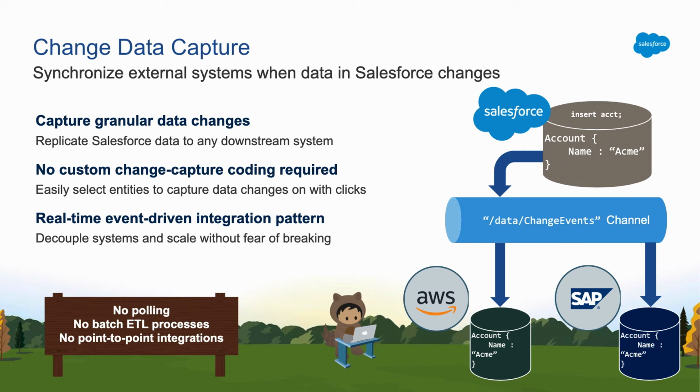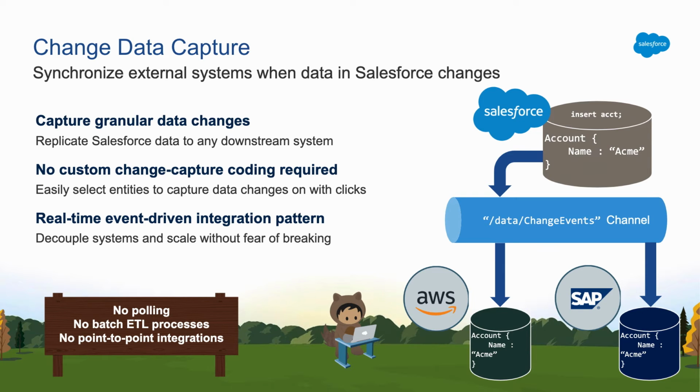Change data capture is a type of event that we put onto the enterprise bus or the Salesforce event bus. The idea being anytime you change a record in Salesforce, if you update an account, you create a contact, you delete a lead, all of that represents a state change of that data. So what we do is automatically capture it, format it into a platform event, and publish it onto the event bus.